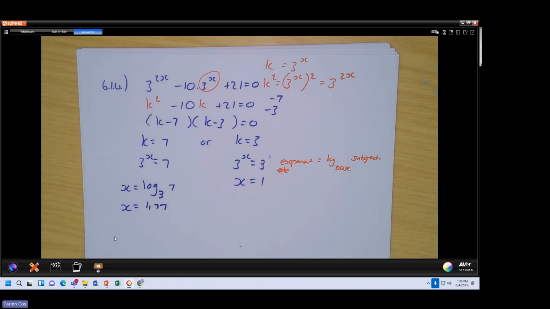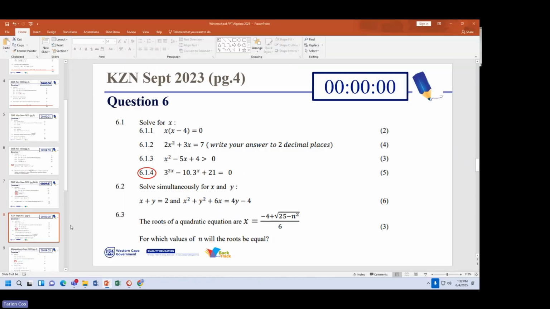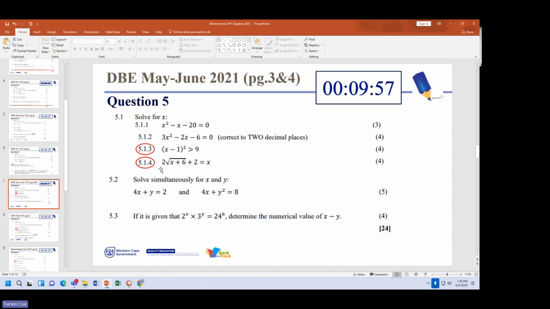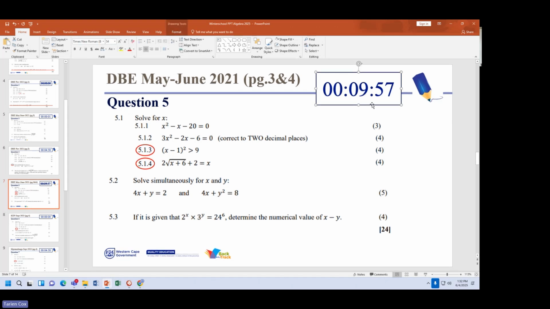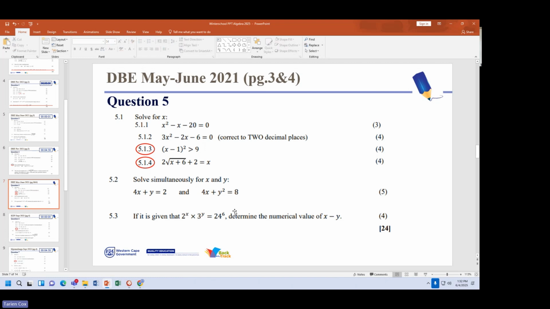Right. So we are going to do another question. I want us to go back now to the notes. So the next question that I want you to complete will be question 5.1.4. Again, our timer is incorrect. So we are not going to do both those circled ones.